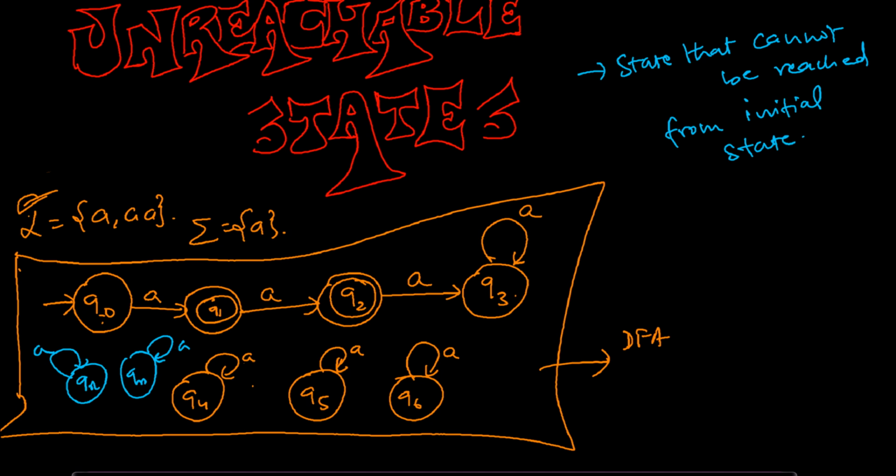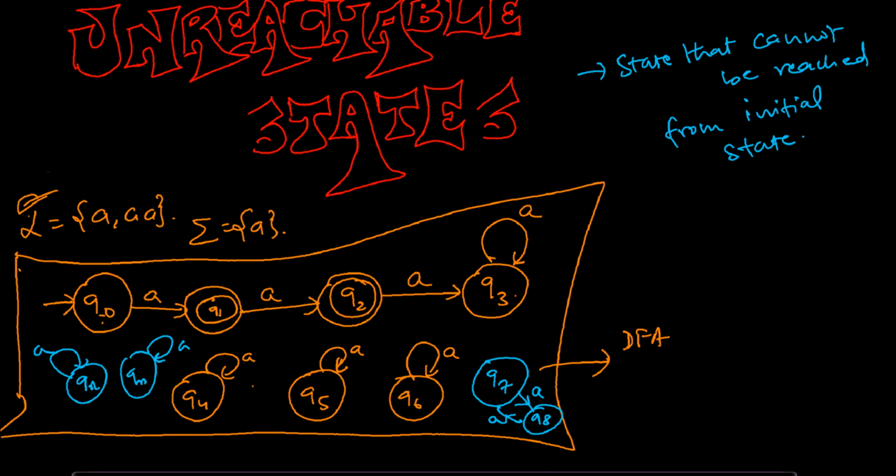It might also happen that I have Q7 and Q8 and they have moves among themselves, but still, can you reach Q7? When you feed a string to this DFA, is there any way that Q7 can come? No, you cannot come to Q7 from Q0. There is no path from Q0 to Q7. Similarly, there is no path from Q0 to Q8.